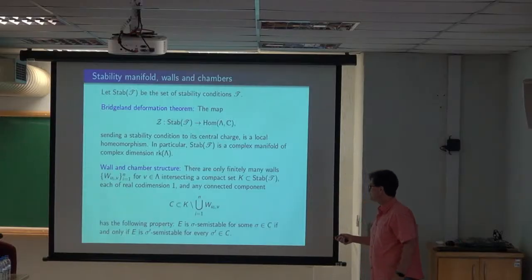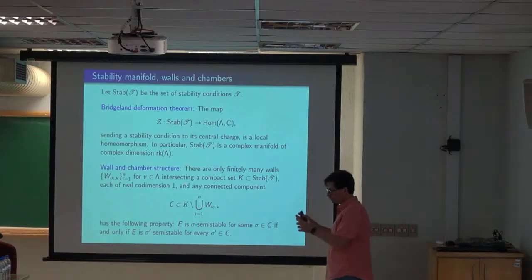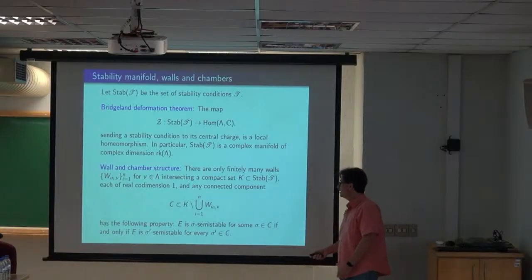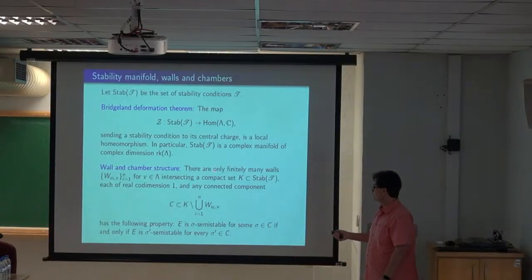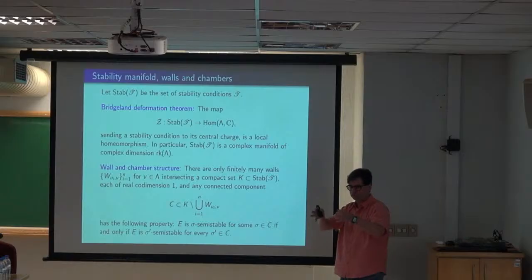And then in this set, Stab, there is a wall and chamber structure. Every compact set will have only finitely many walls, finitely many real codimension 1 subvarieties, with the following property: when you take the complement of the union of these walls, what you get is a bunch of chambers, right?